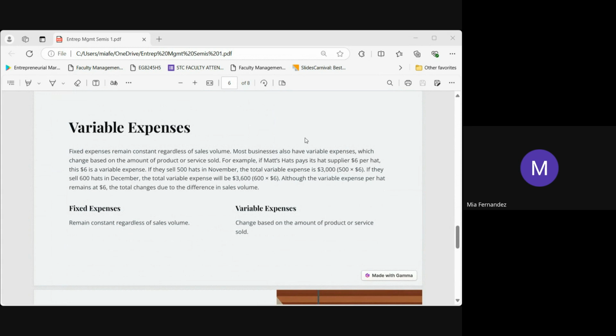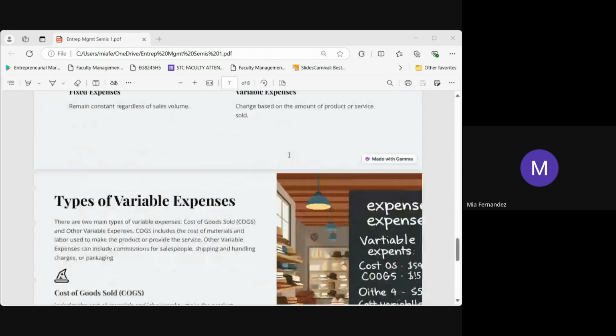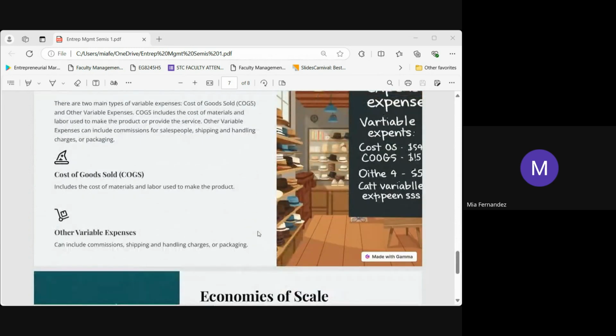If they sold 500 hats in November, the total variable expense is $3,000, which means 500 times 6. Pag 600 naman sa December, ang variable expense naman niya ay 3,600. So, depende sa amount ng nabentang product.